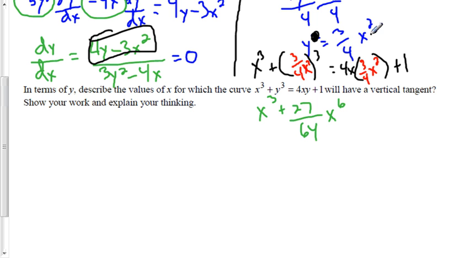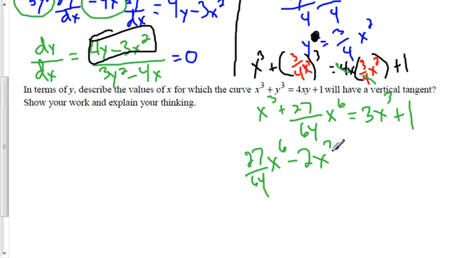And again, that x squared is not in the denominator, although it looks like it right there. Equals, and then 3/4, the same thing, that's just 3/4 x squared. So these 4's are going to cancel out, so I'm just going to get 3x cubed plus 1. Let's bring everything over to the left and rewrite it in descending order. So 27/64 x to the 6th minus 2x cubed minus 1 equals 0.